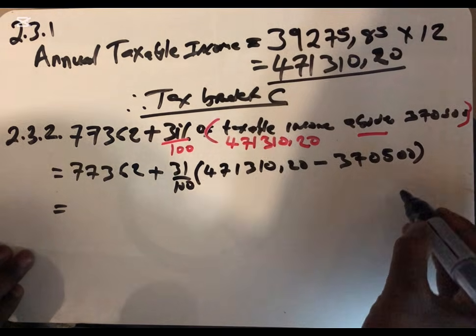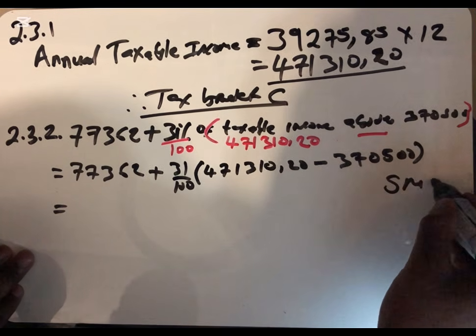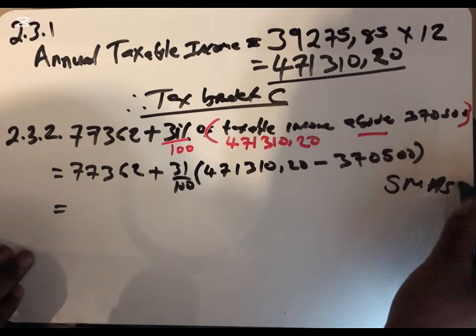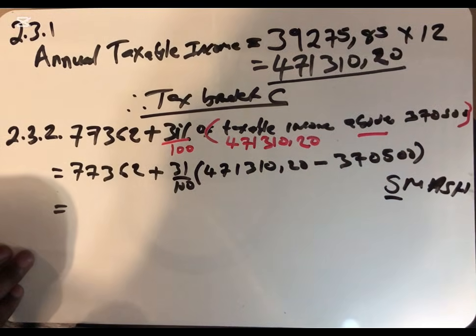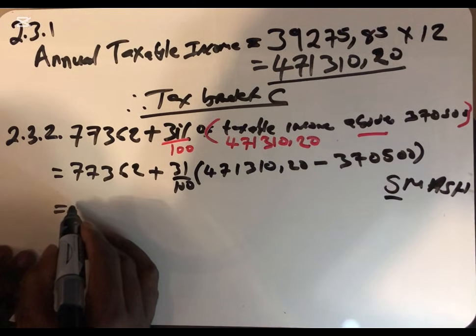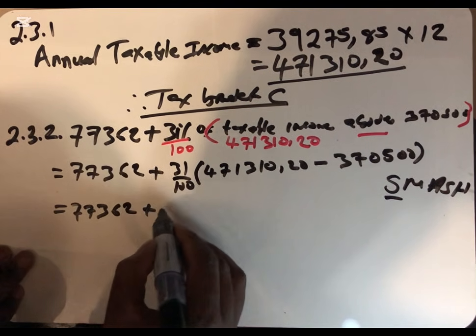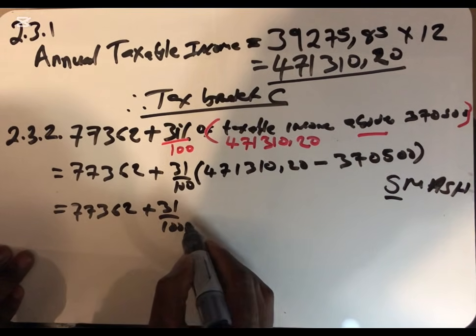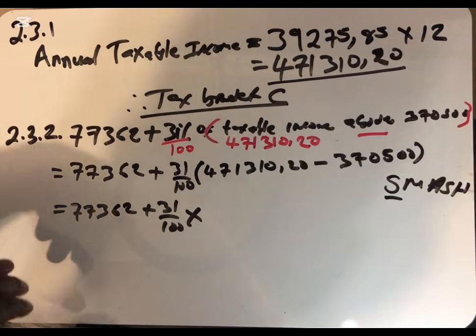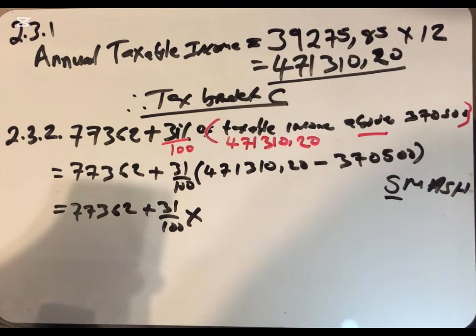So we are moving to the next step. We have to remind ourselves of BODMAS, meaning that we start with subtractions inside the brackets. We're going to say 77,362 plus 31 over 100. The bracket means multiplication; you can change that bracket into multiplication.